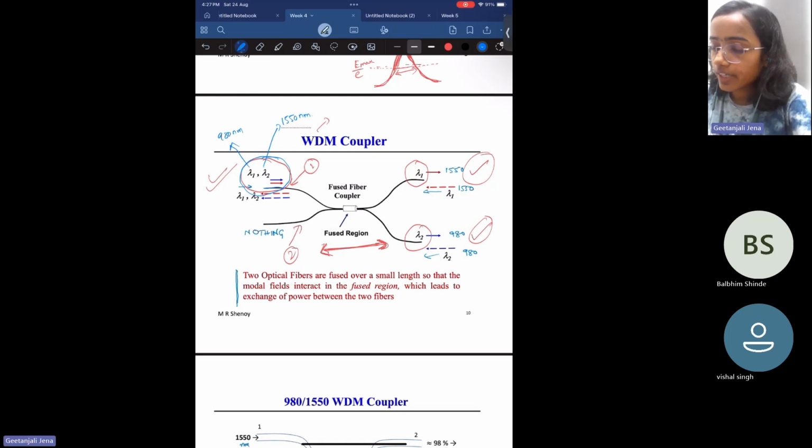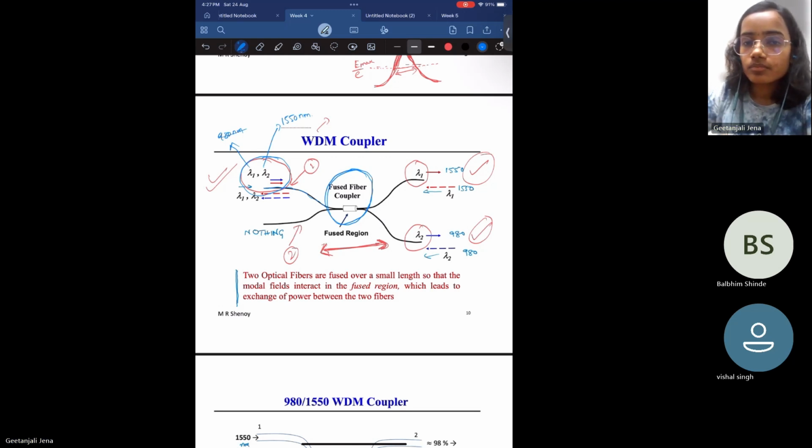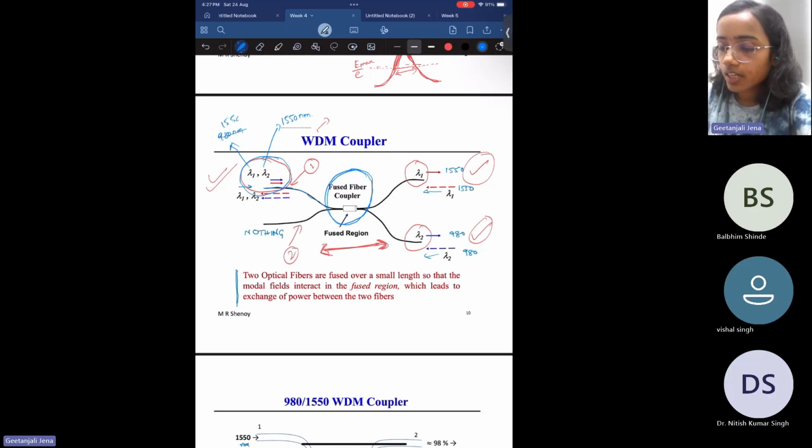It will propagate through this single mode fiber, and in the fused region, because of interaction between these two fibers, let's say lambda 1 is 1550 nanometer and lambda 2 is 980 nanometer. Depending on the length of this fused region, lambda 1 will come out through fiber one, and lambda 2 will come out through fiber two.